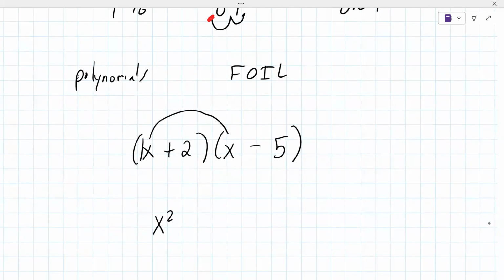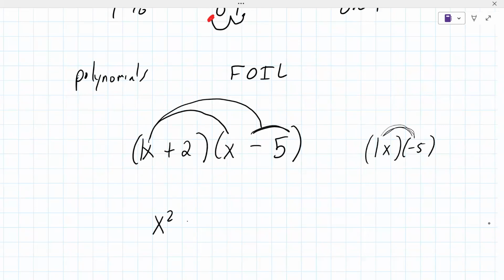Yeah. Okay, and then to your point, 1x times negative 5. What does that become? Negative 5. So hold on. The 1 and the negative 5 can multiply, so minus 5, and then the x comes with it. Okay, now let's do plus 2 times x. What does that become? 2x. 2x, good.